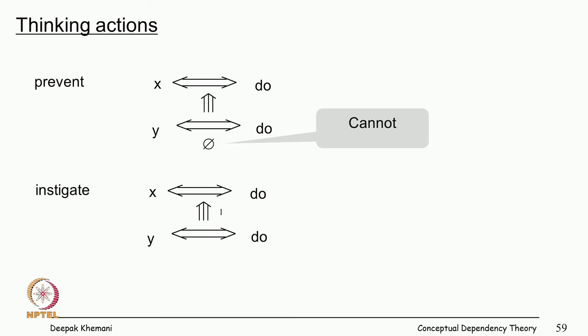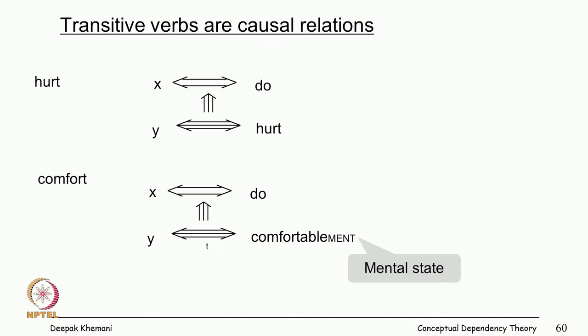So, we can have thinking actions. So, preventing would basically mean that X does something, as a result of which Y cannot do something. So, instigating is the opposite of preventing, that you do something as a result of which Y does something.